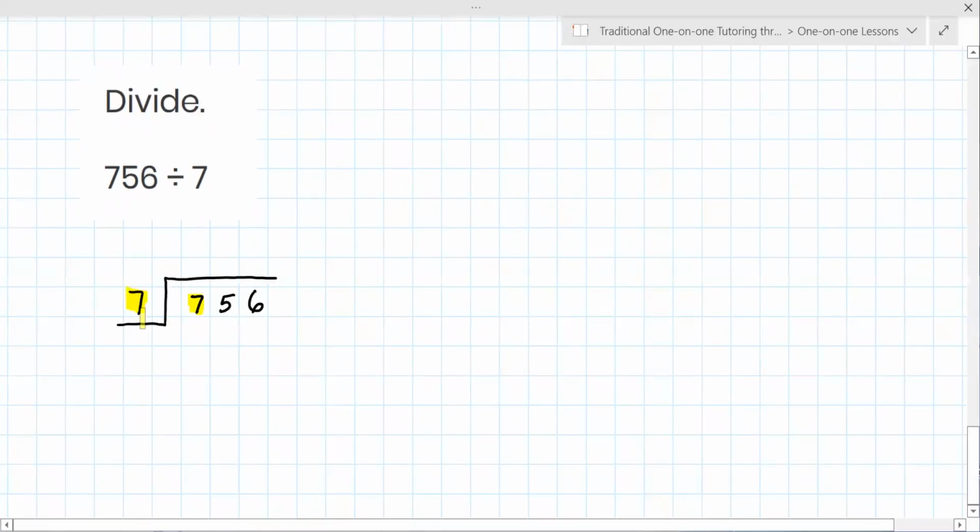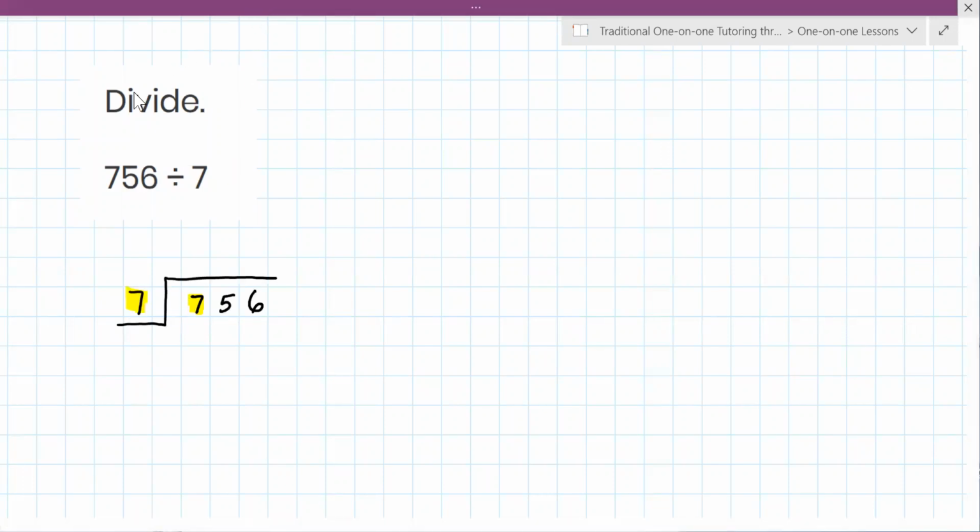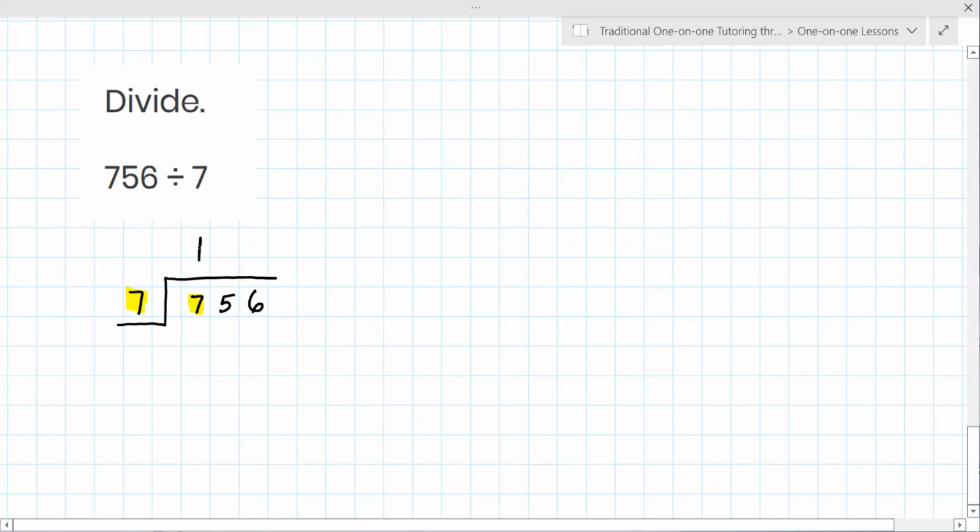How many times does 7 go into 7? 1 time. So you put that 1 right there. Now 1 times 7 is 7. And when you subtract, do you see how the 7s go away? Yeah. So you bring the 5 down and then the 6 down.